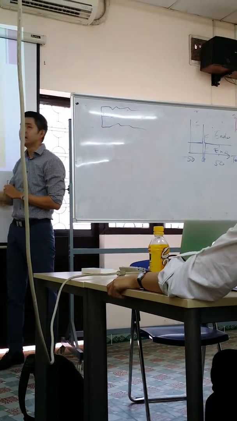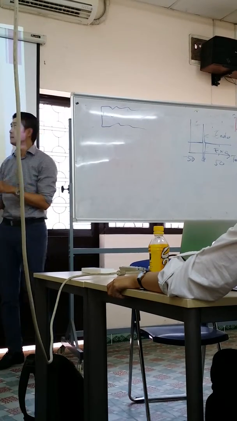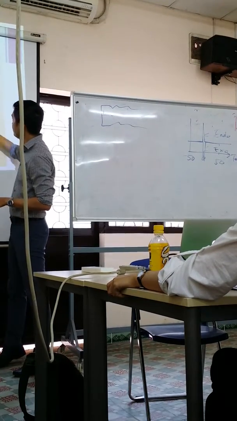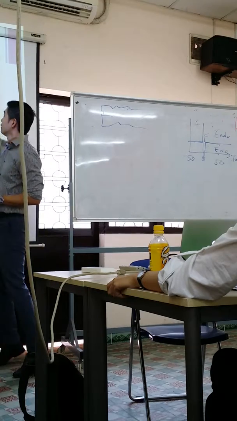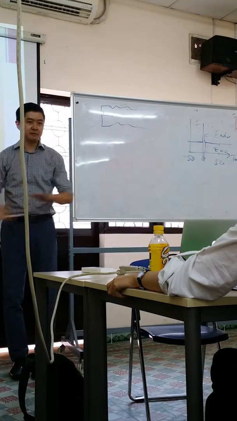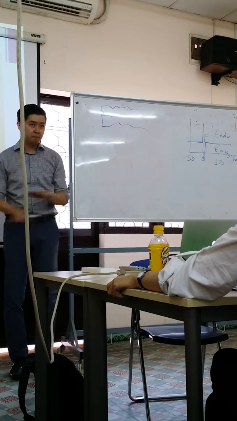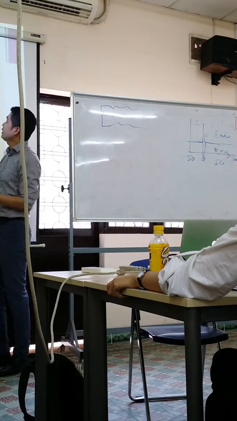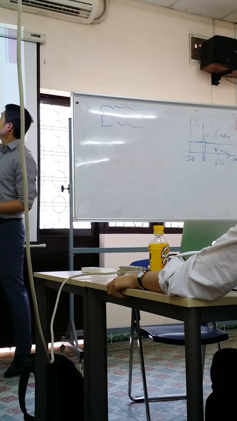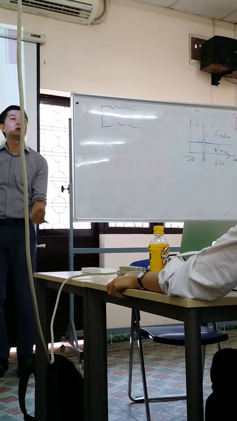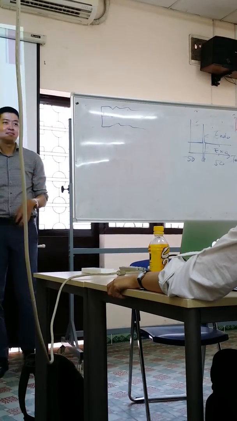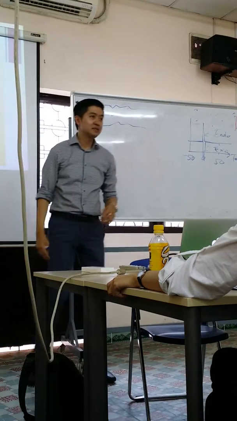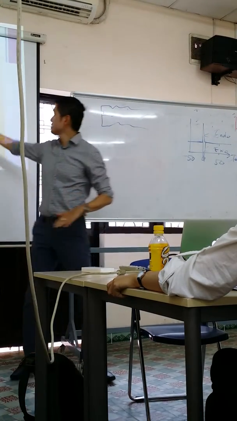Beta prime and beta. Why is it slightly different? This one, all same direction. Flat. This one, the fatty acid is in different planes, meaning that they go up and go down. You understand what I'm trying to say? One, it is flat.